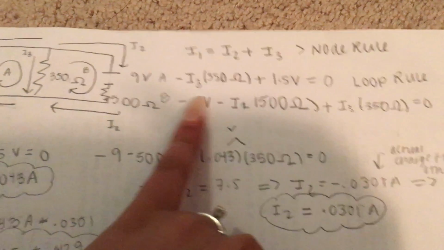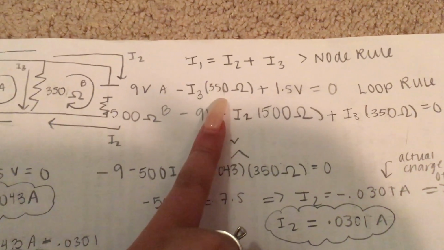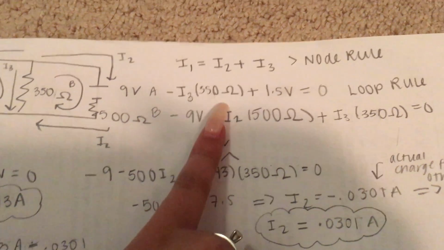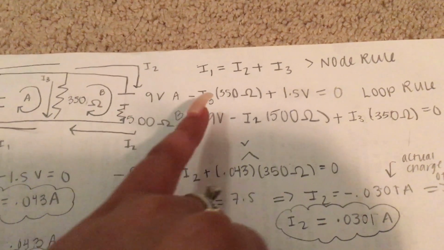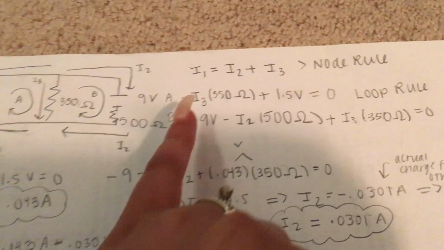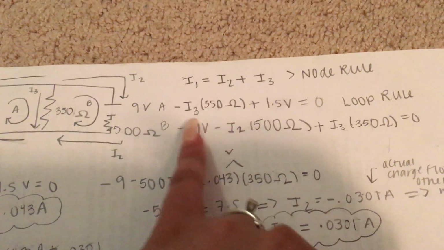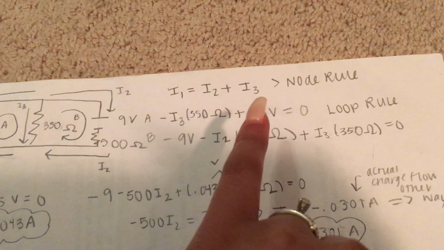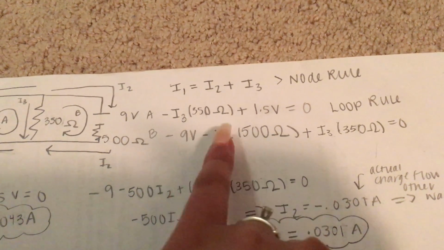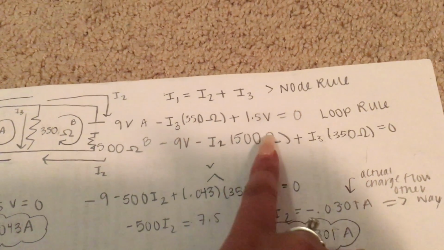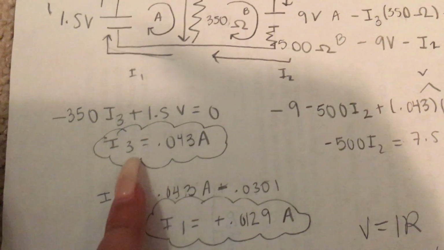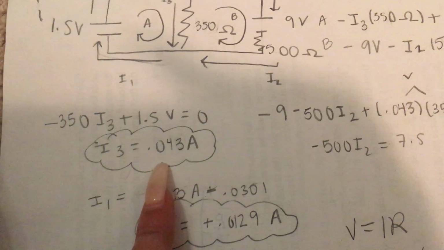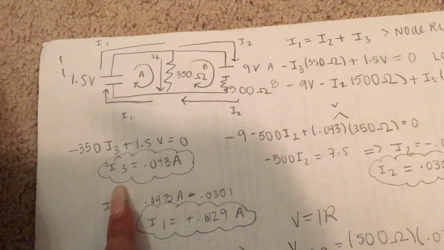Well, I times R is equal to V. And so that gives us a voltage. So this is going to be negative 1.5, because when you bring this over and you do the math, as you'll see here, you can solve for I3.